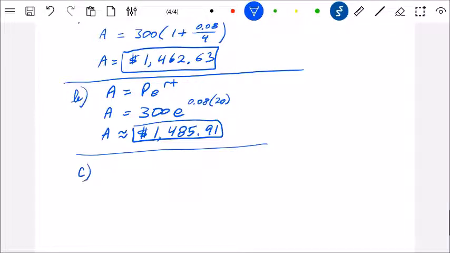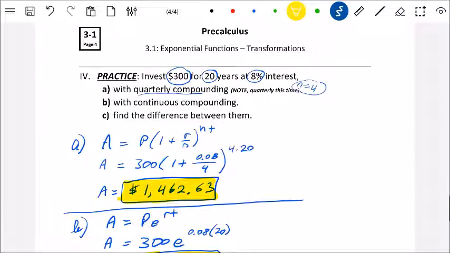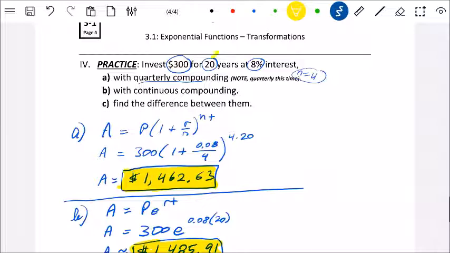Now let's go ahead and find the difference here. 1485.91 subtract 1462.63. That's not so much of a difference here. 23.28, which, let me first mark these up to show that they're the answers for each of those. And what we see here is the only real difference between them is the 20 years.